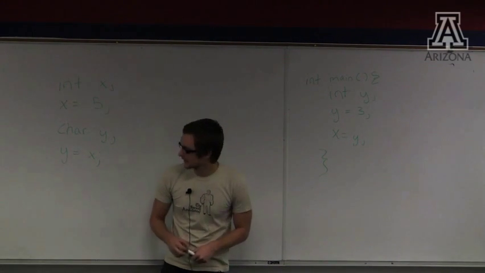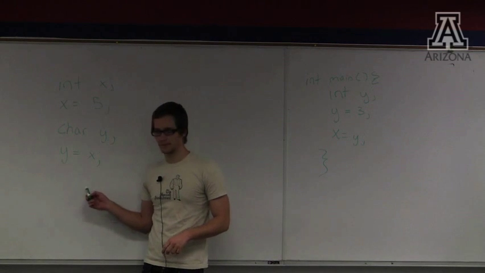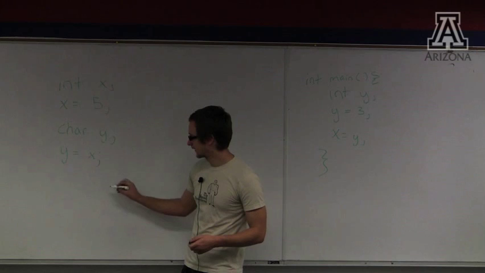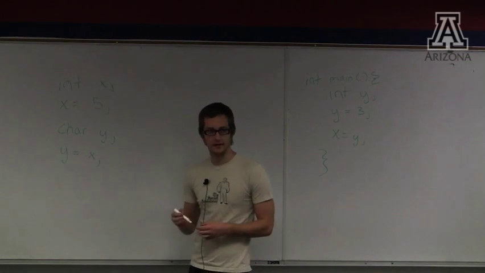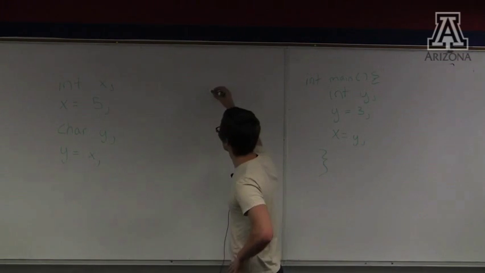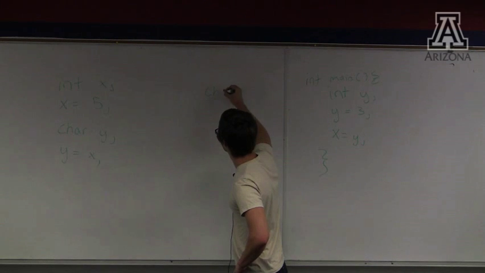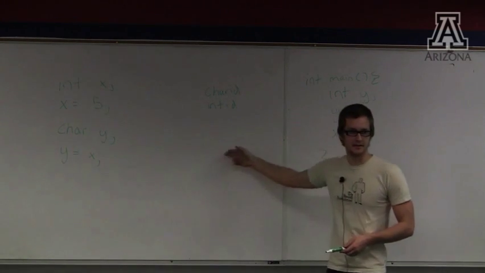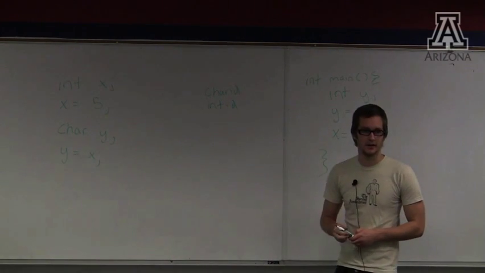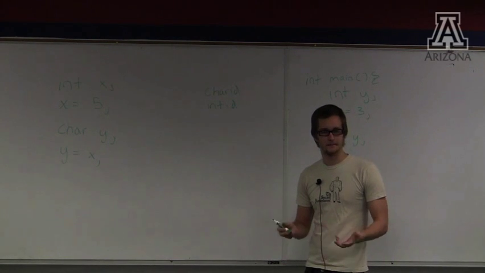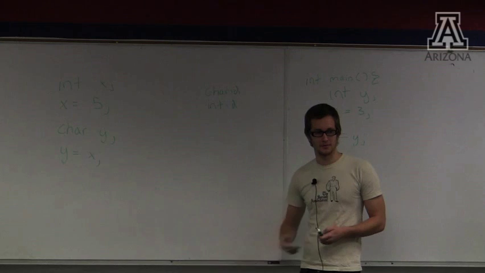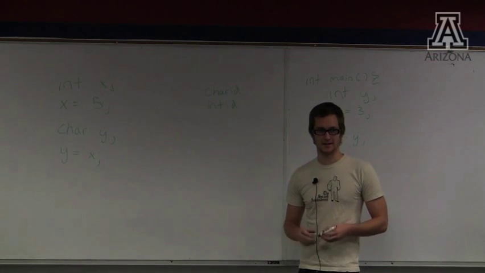Now you could imagine solving this problem by, instead of having identifier returned by our lex, maybe our lex could return a char ID and an int ID separately, right? When it sees an int ID, it'll return that. When it sees a char ID, it will return that. You could imagine doing that, but then as you extend it more and more, it's going to be more and more difficult, and your yacc is going to get really ugly, right?